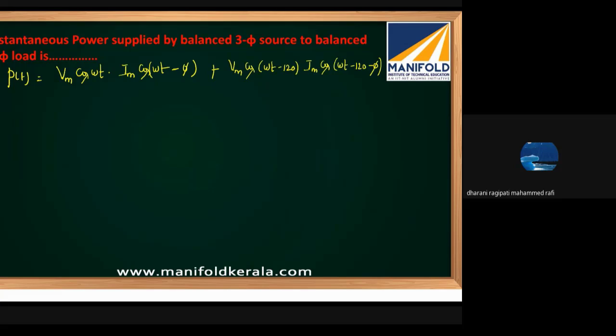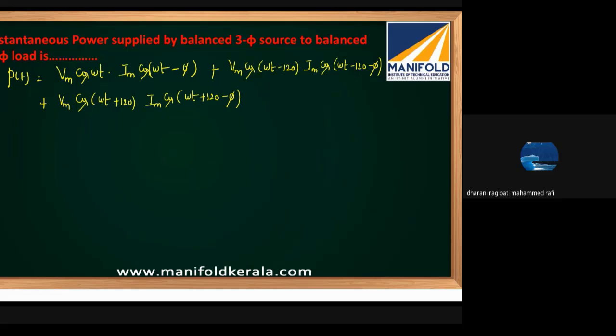This is the B phase product. What about the C phase product? Plus Vm cos of omega t plus 120 into Im cos of omega t plus 120 minus phi.